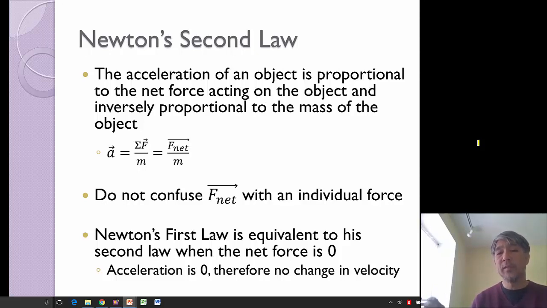Newton's first law is equivalent to his second law when the net force is zero. If the net force is the zero vector, or basically the net force cancels everything out, then my acceleration will be zero and therefore I'll have no change in velocity, either magnitude or direction.